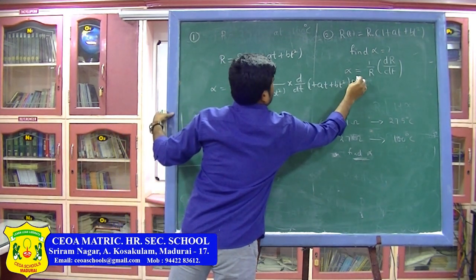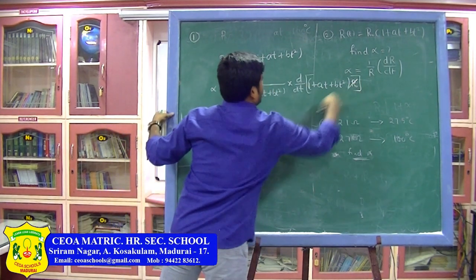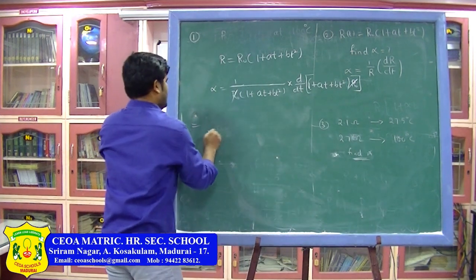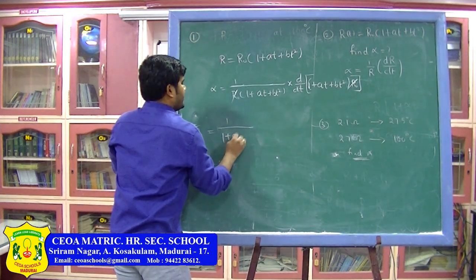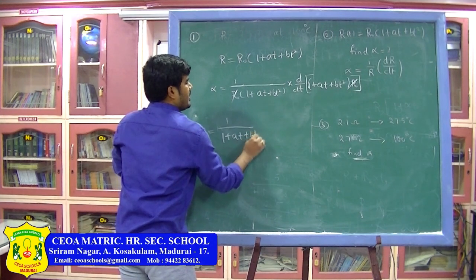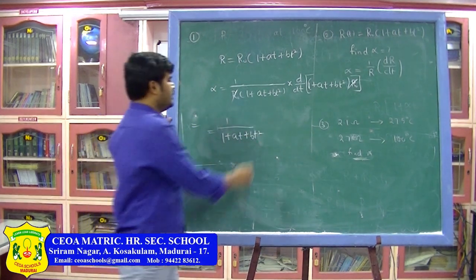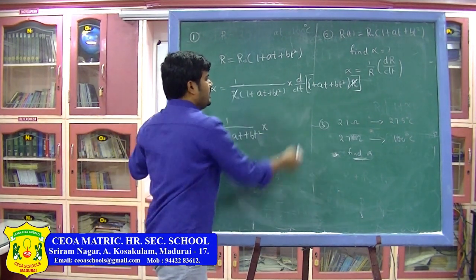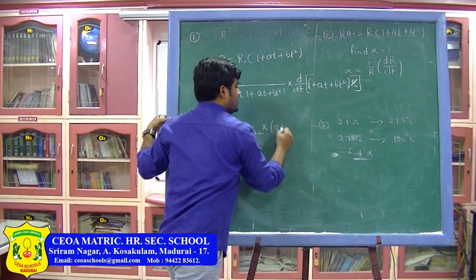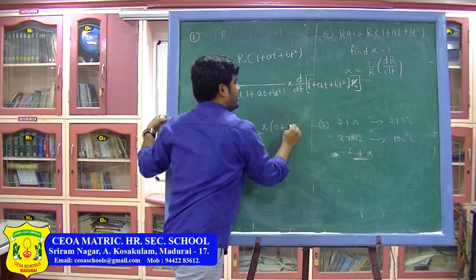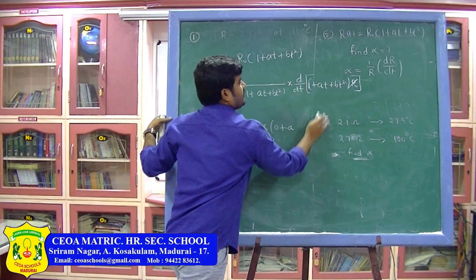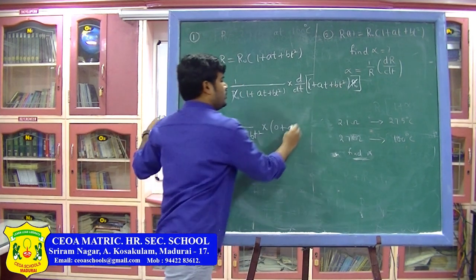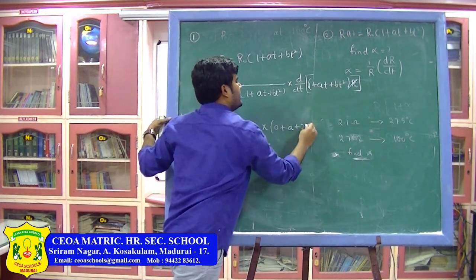Now, this R naught will get cancelled, will be 1 by 1 plus AT plus BT square into differentiation of that function. Differentiation of 1 is 0 plus differentiation of AT is A plus differentiation of BT square is nothing but 2 BT.